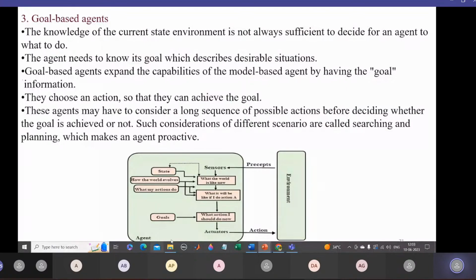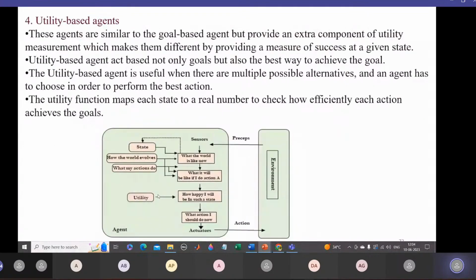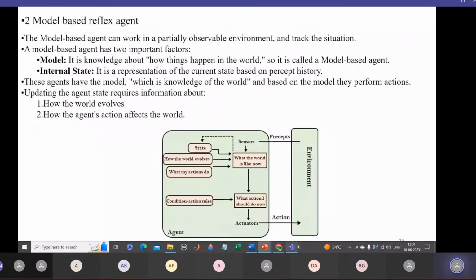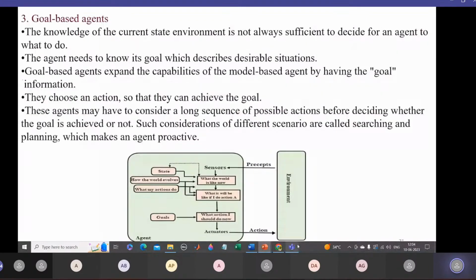They choose actions so that they can achieve the goal. All the actions are based on how to achieve the goal. They should still know how the world evolves and what their actions will do. So instead of condition-action, if you put the goal there, it is your goal-based agent.